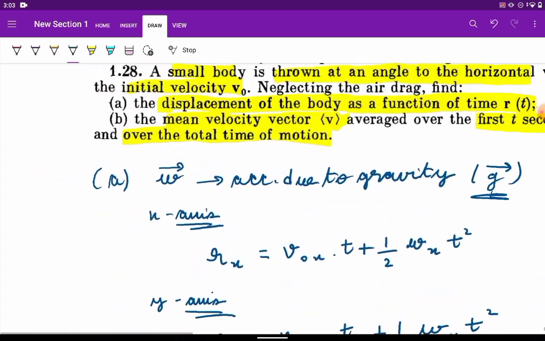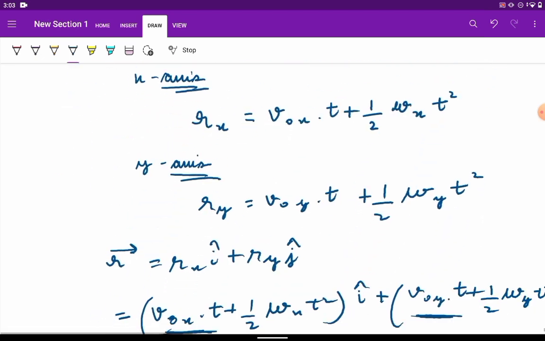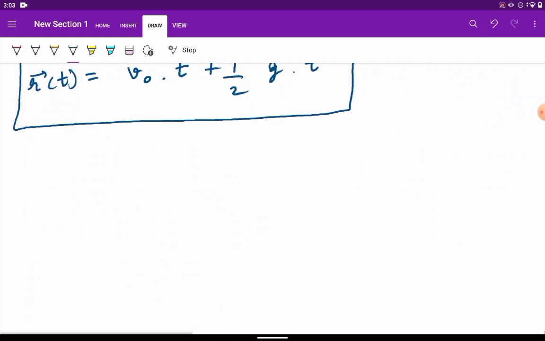The second part is the mean velocity vector v averaged over the first t seconds. Okay, so in the b part, you know that the average velocity vector v is nothing but the displacement after a time t, so average velocity is nothing but the change in the displacement vector divided by the change in time.